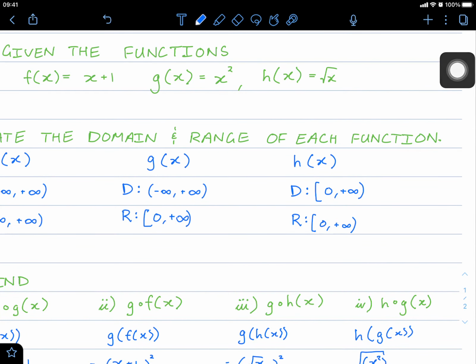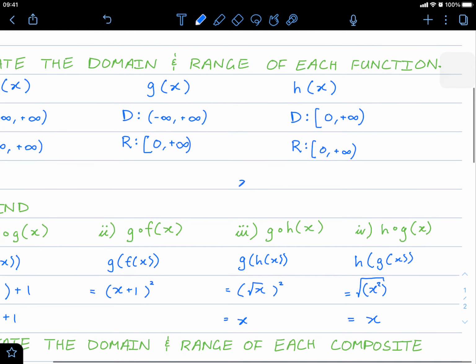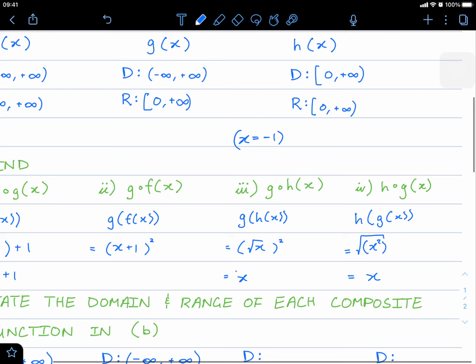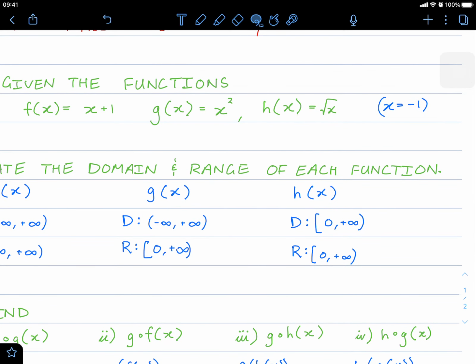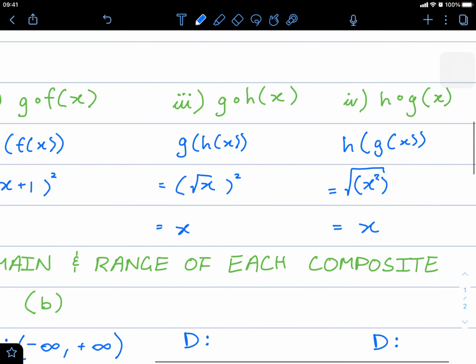So if we wanted to substitute x equals negative 1, we couldn't just substitute it here because the function begins in h. That means we have to substitute into here first, take the result, and then substitute into g. That's what this implies. h first, and that result gives us g.